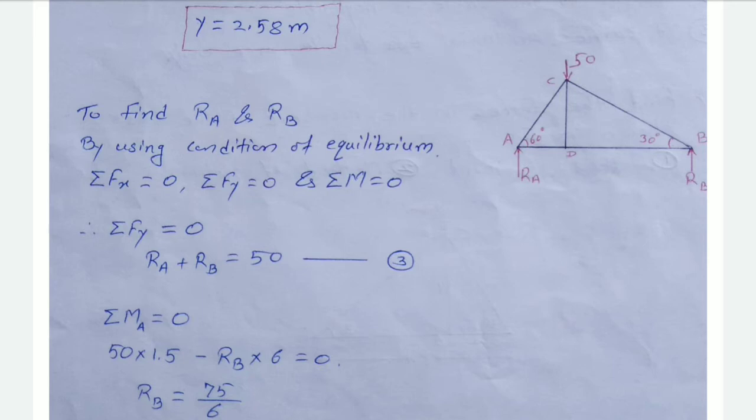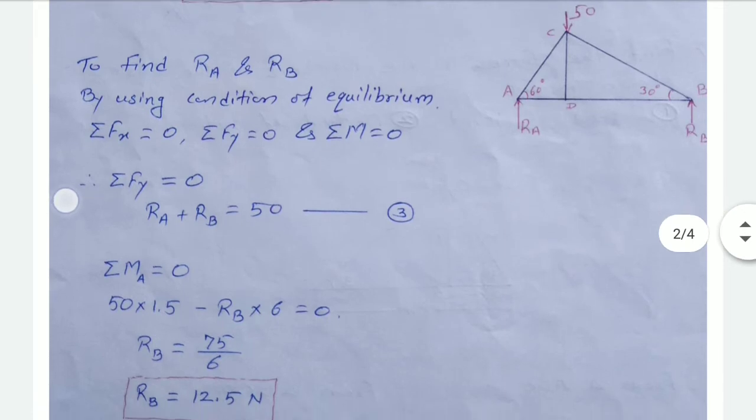Summation of Fy means we consider all y-direction forces. There are only two y-direction forces, Ra and Rb, and the opposite direction force is the point load of 50, in the negative direction. Going upward are Ra and Rb, and downward is 50. So Ra plus Rb is equal to 50.